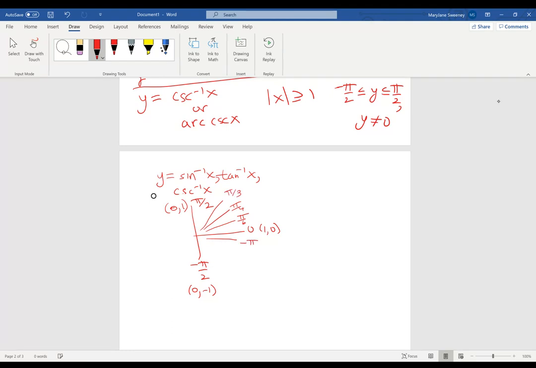Here's your negative pi over 6, negative pi over 4, negative pi over 3. So the way inverse sine, tan, and cosec get restricted, the answer is somewhere from negative pi over 2 to positive pi over 2. Again, it's because of the way they restrict the domain of the sine curve to then do inverse sine. They want there to only be one answer.